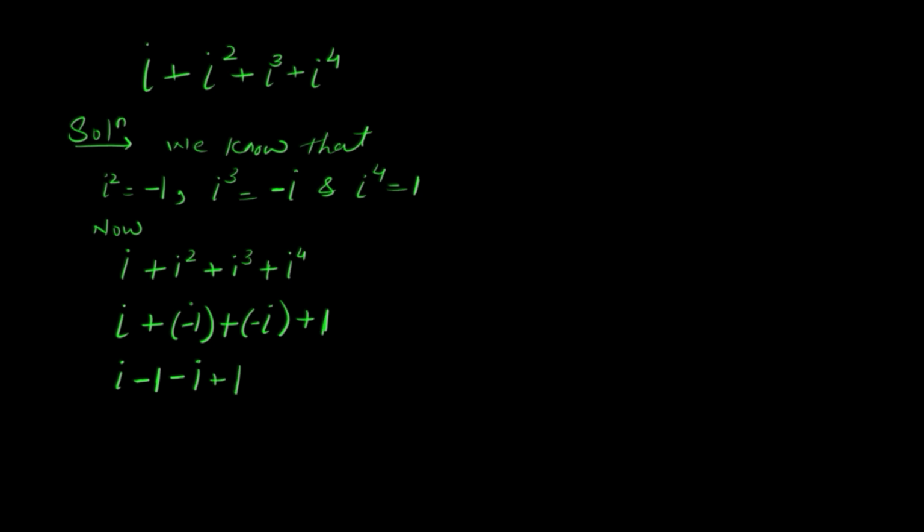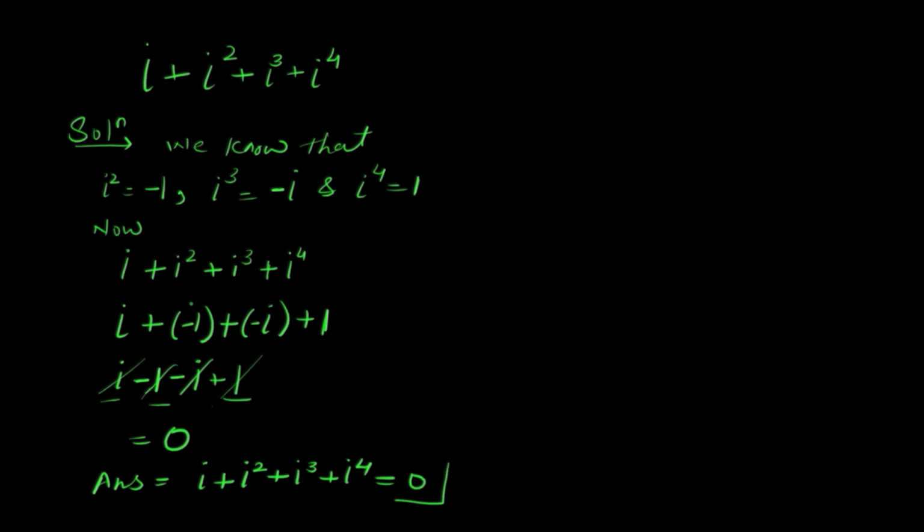Now we have to cancel out: plus 1 and minus 1 cancel, plus i and minus i cancel. The answer is 0. Therefore, i plus i square plus i cube plus i to the 4 is equal to 0.